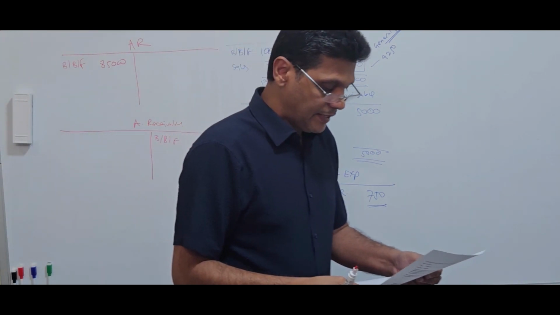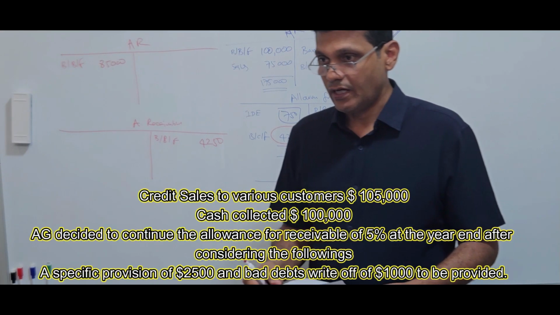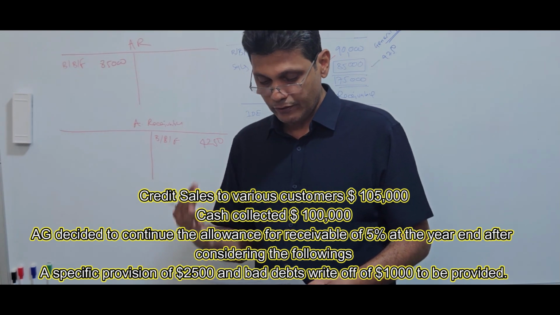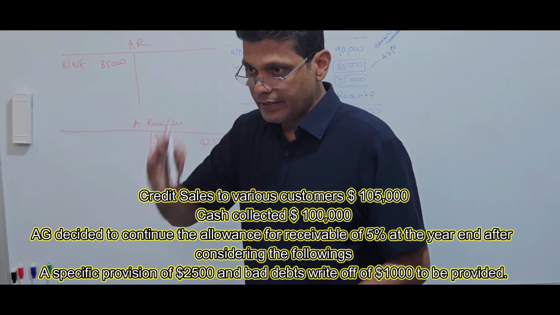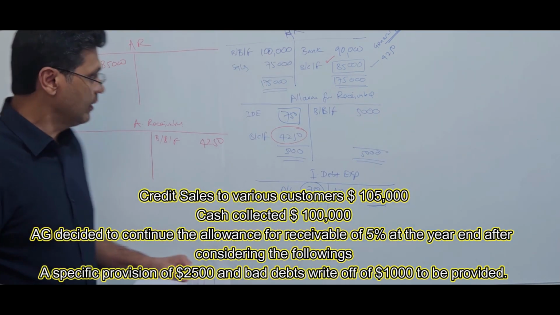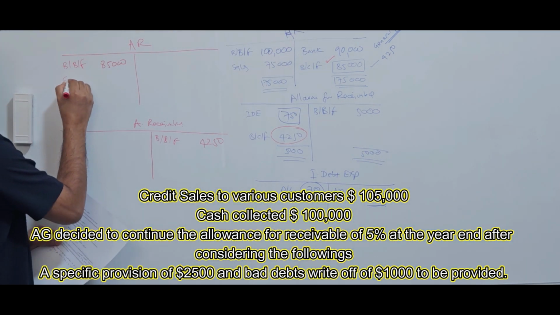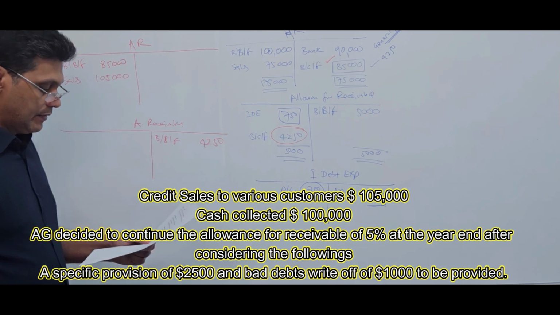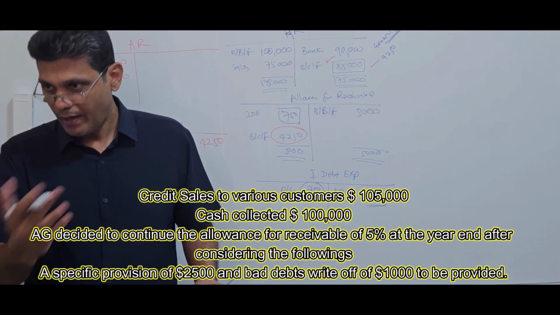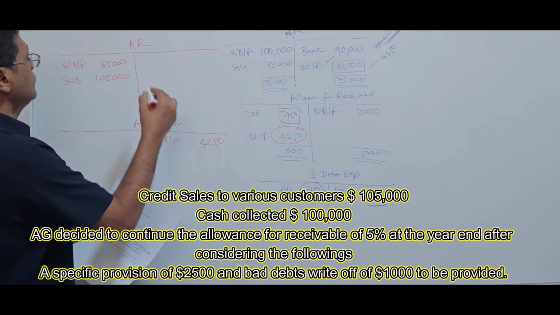Now there are credit sales to various customers of 105,000. Now you need to record this transaction. How do you record it? Accounts receivable debit, credit your sales. So sales account credit, accounts receivable account debit 105,000. Then cash collected 100,000. So bank debit, credit your accounts receivable.